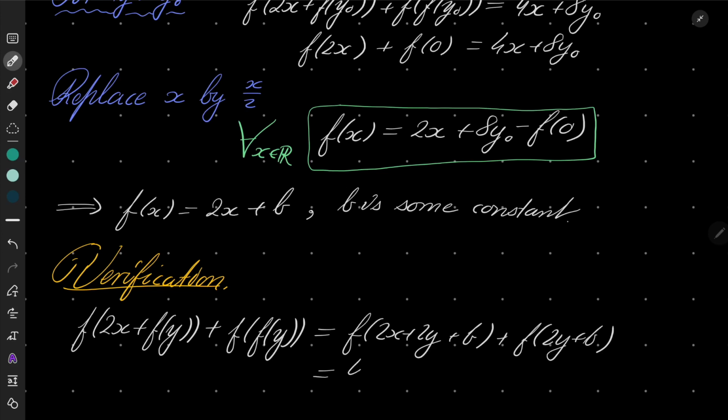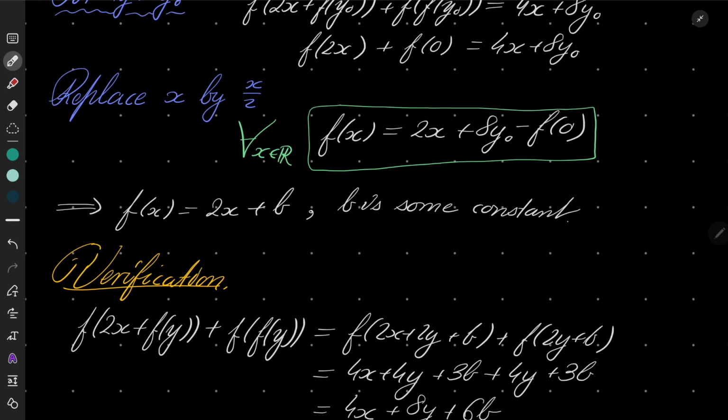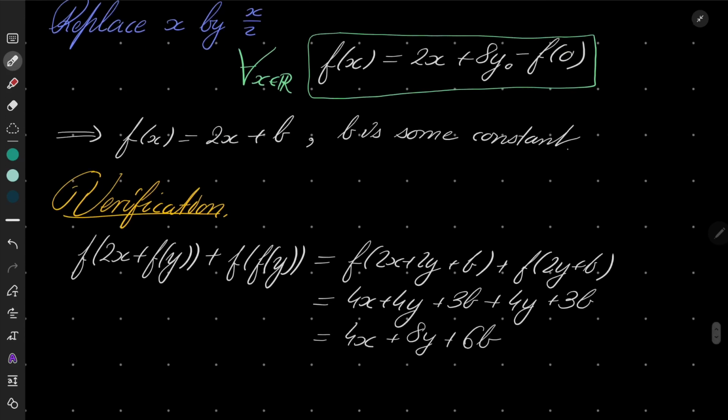Now we get 4x plus 4y plus 3 times b plus 2y... plus 4y plus 3 times b. So we get 4x plus 8y plus 6 times b. Now remember that this should be equal just to 4x plus 8y, because it's the right-hand side.